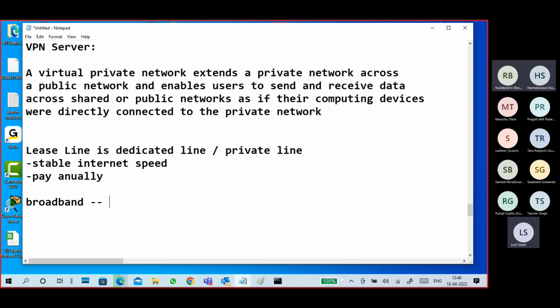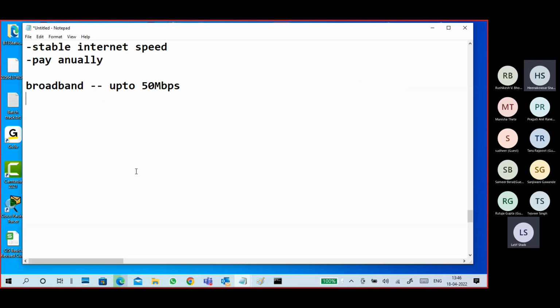So what will they tell? Up to 50 Mbps. Meaning it is 0 to 50, any speed can be there. Like I take 25 Mbps, it is 0 to 25. It can be 10, it can be 5, depending upon the demand.